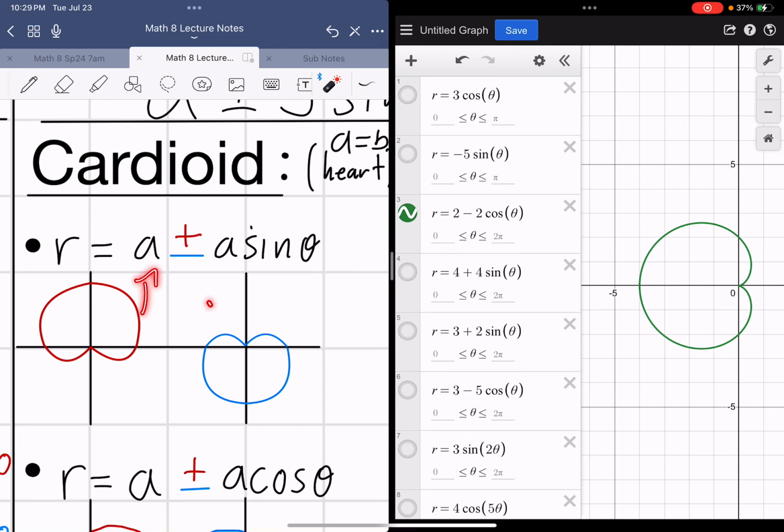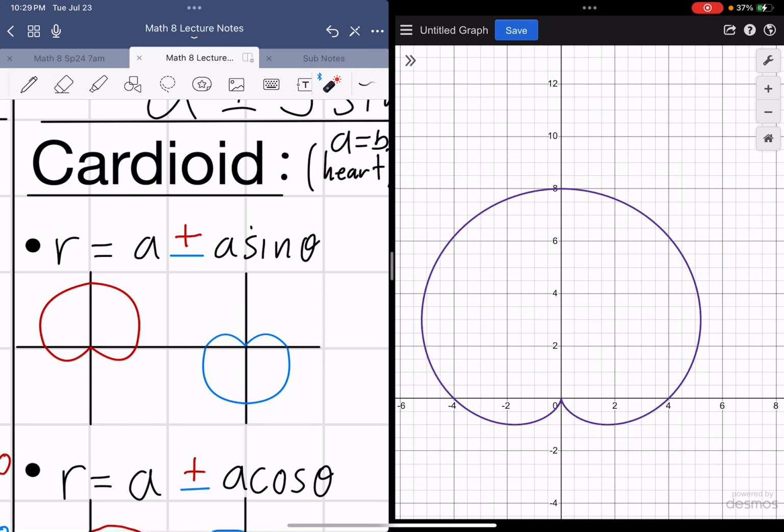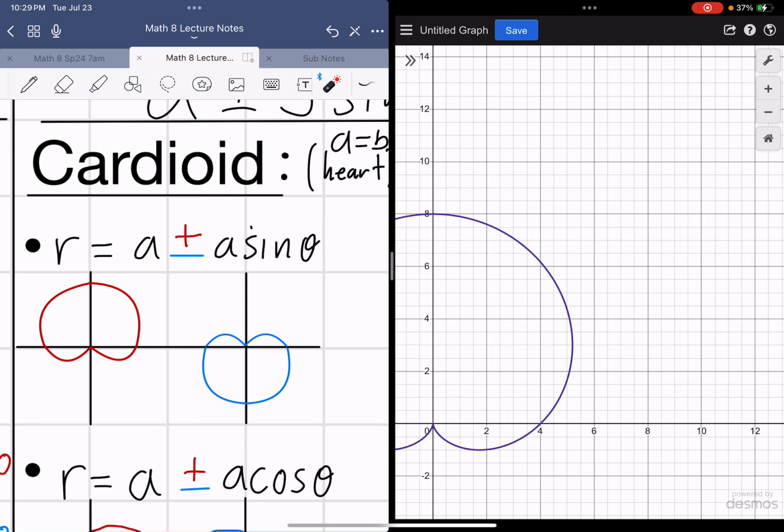And I can add those two numbers together, and I know that's going to get me to this high point, which is 4 plus 4 gives me 8. So this should be exactly what we said. It's pointing up, and if you notice, right at that tip, it gets exactly to 8. That's how high it goes.